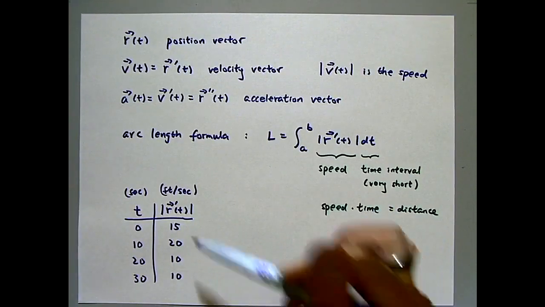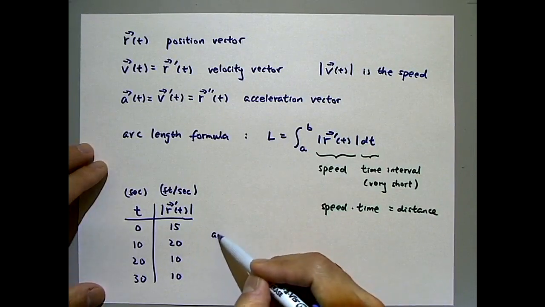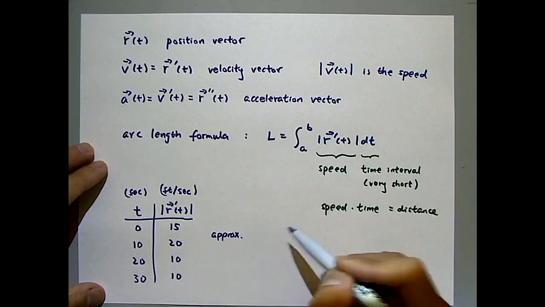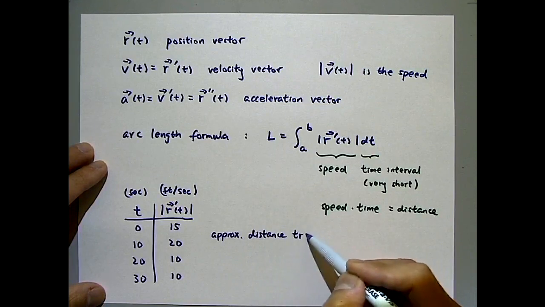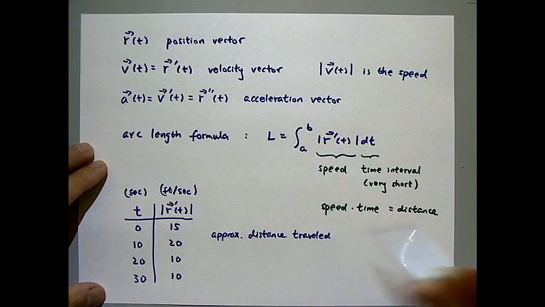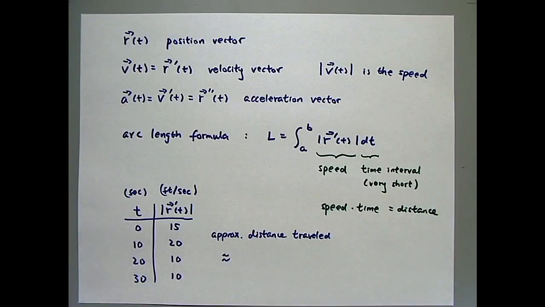Okay, so this thing started with 15 feet per second speed. 10 seconds later, it went up to 20. 10 seconds later, it went down to 10 and held it constant. And using just the data here, we can approximate the distance that we have traveled, right?